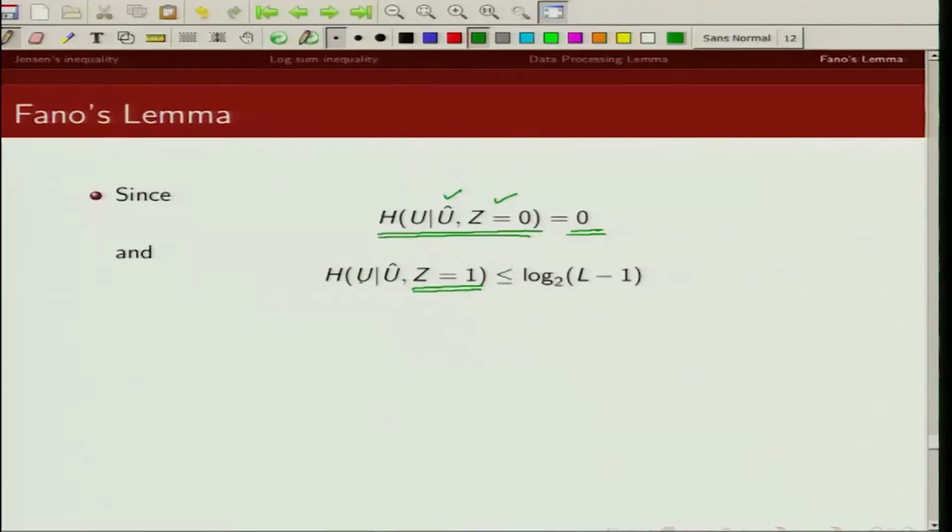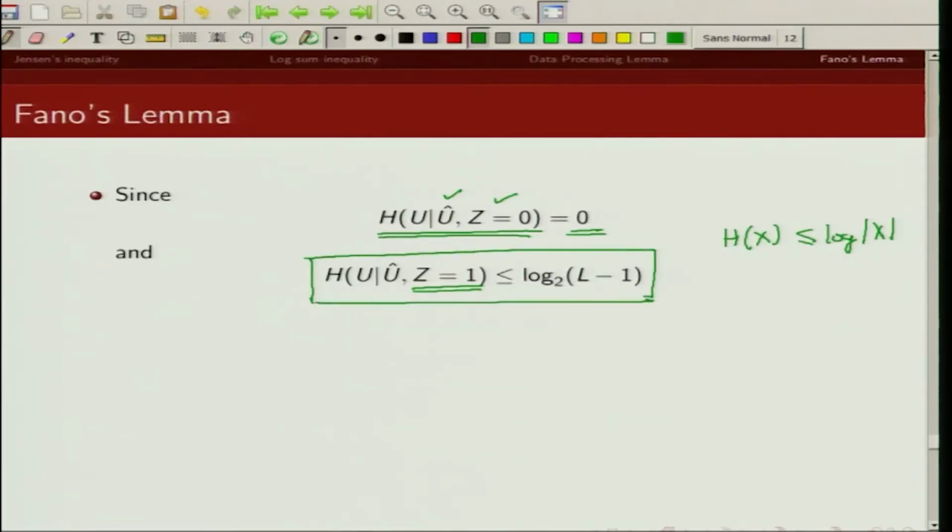So you know that U can take any value except U hat when Z is 1, and we know that for a discrete random variable, the entropy is upper bounded by the log of the number of possibilities of X. In this case, the number of possibilities for U is L minus 1, because U is not the same as U hat and U is an L valued random variable. So this entropy is upper bounded by log of L minus 1.